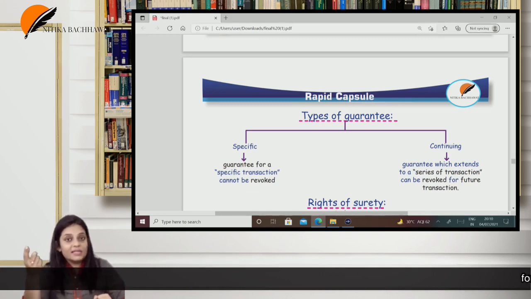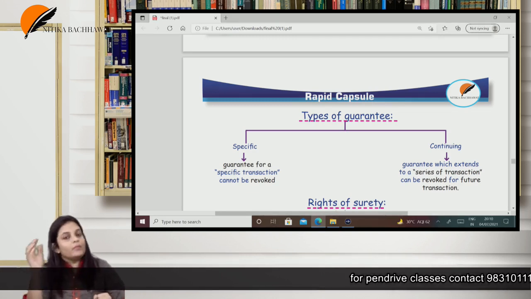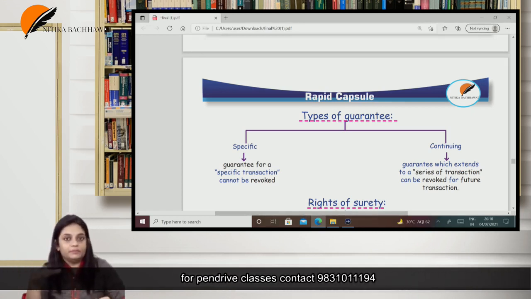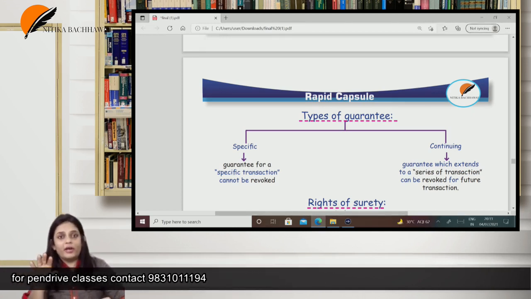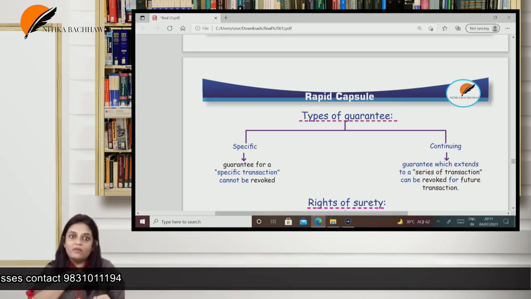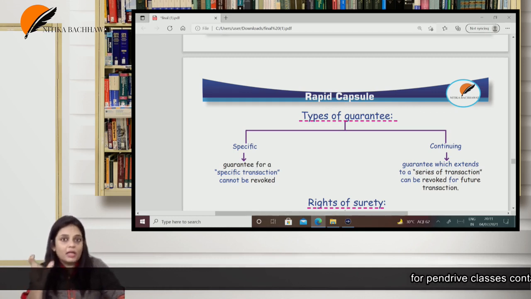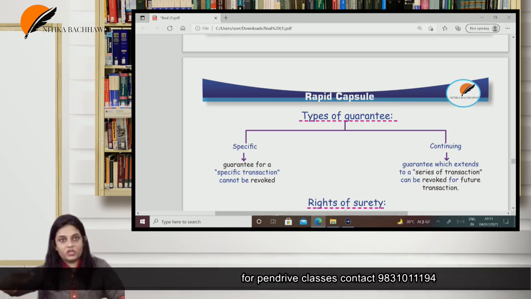Whereas if A says to B, whatever goods you sell on credit to C, if he fails to pay, I will pay. So here A is not giving a guarantee for a particular goods or particular transaction, but he is giving it over a series of transactions.